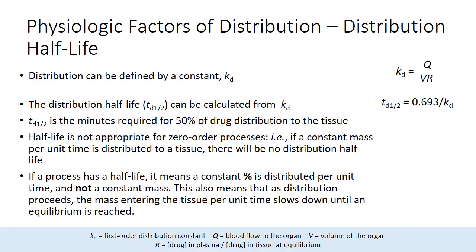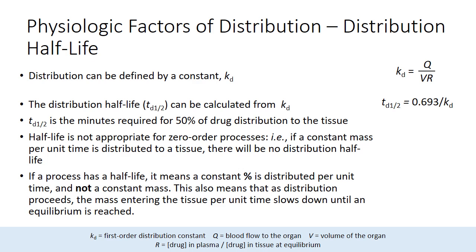So before we talked about elimination half-life, and we're going to have a lot more discussion on elimination half-life in the future. I don't have much on this here. This is distribution half-life, and believe it or not, we can characterize distribution with half-lives. That means if distribution happens in a first-order manner, for example, if a specific percent of drug is distributed per unit time, then we can basically find a rate constant for that.